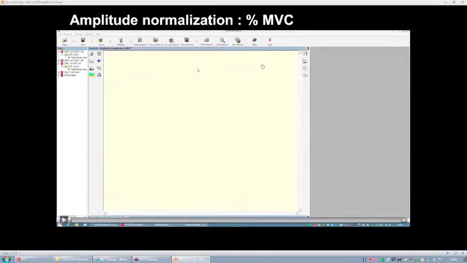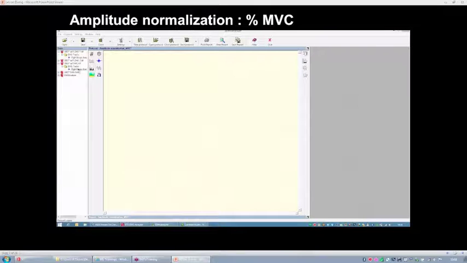So now I want to show you a quick, easy example about how you can compute the amplitude normalization of a specific signal with respect to the computed MVC value by means of our EMG analyzer application. So let me show this in this example.